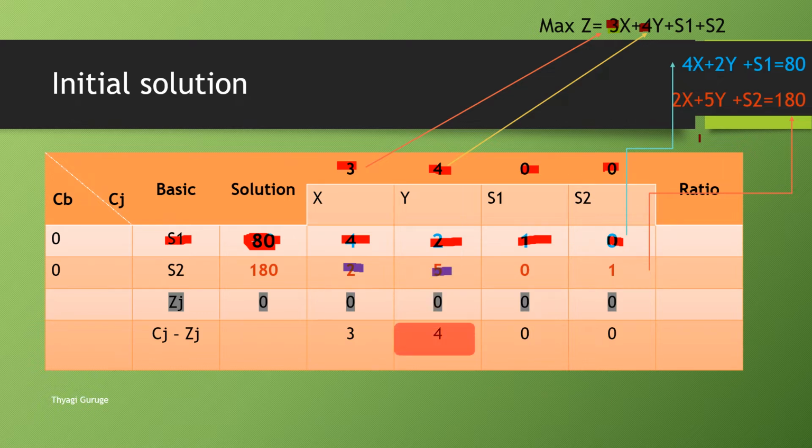Since we don't have the S1 variable, we put 0, and under S2, since we have one slack variable, we put 1. Now, for the initial solution table, we take S2 inside, and we put the total capacity under the solution section. Since we don't have any profit figure, the Zj value would be 0 in each and every cell.